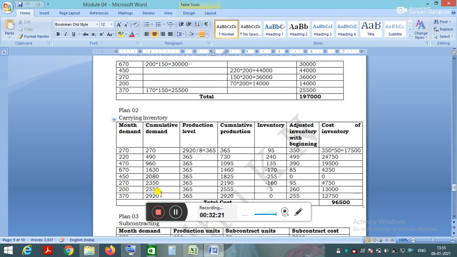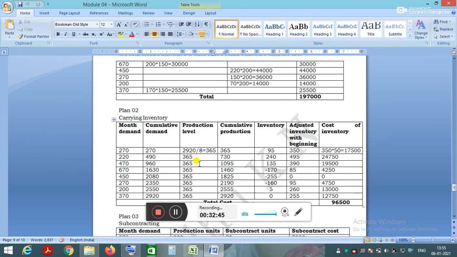That means for a period of 8 months, we require 2,920 products. In carrying inventory, first we need to divide this 2,920 by the total number of periods. The total number of periods is 8. Therefore, 2,920 divided by 8 is 365.